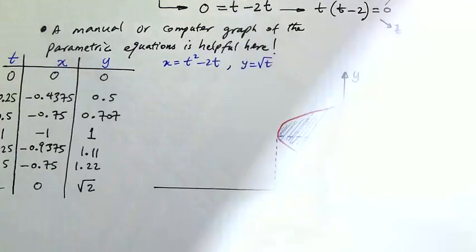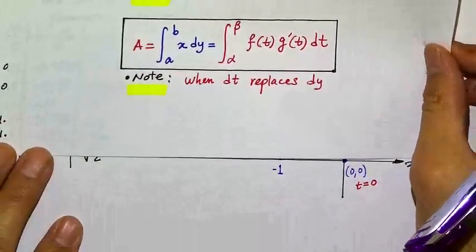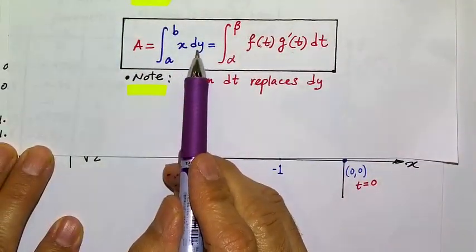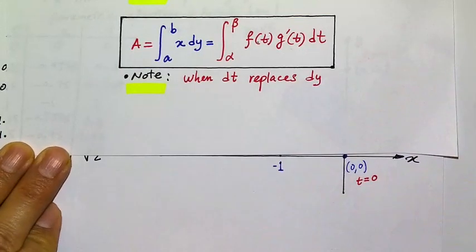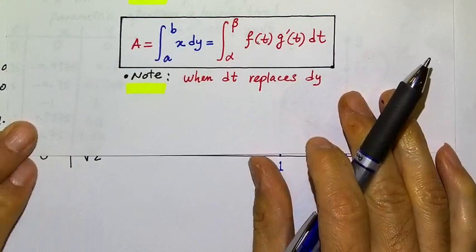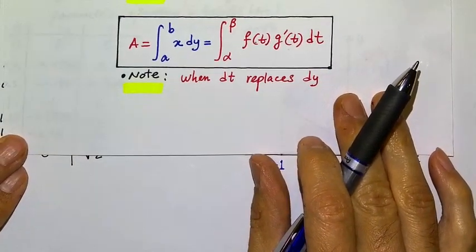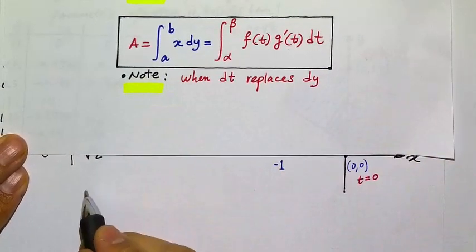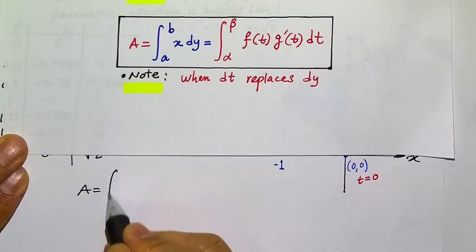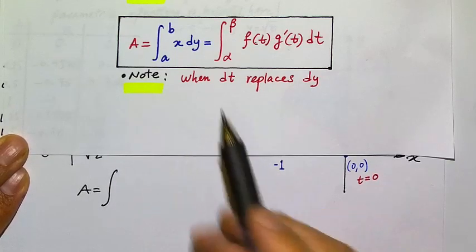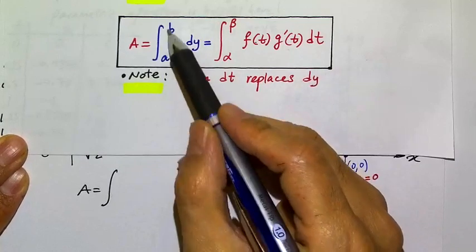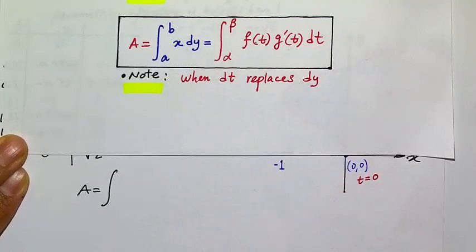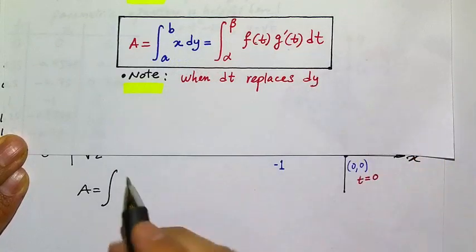Okay. And we're going to use this one. We're integrating with respect to the y variable. Okay, so let me write down the area formula for this. Looking at that, we have area equals, I'm just going to start with dy, and then I'm going to transition to dt. So my limits of integration first will be 0 to square root of 2.